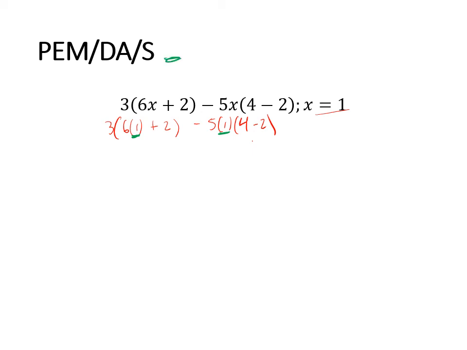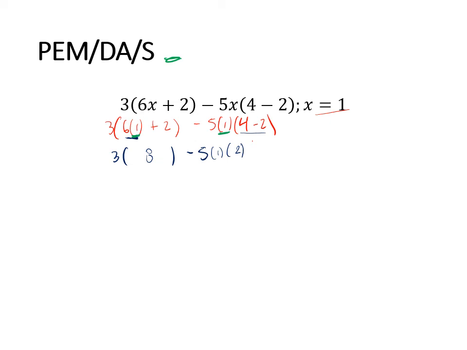So parentheses wise, the first thing that we see, we have 3, right? And then inside this parentheses there's a multiplication, so 6 plus 2, this would be 8, minus 5 times the 1 is still there, and inside this parentheses 4 minus 2, that's 2, right?